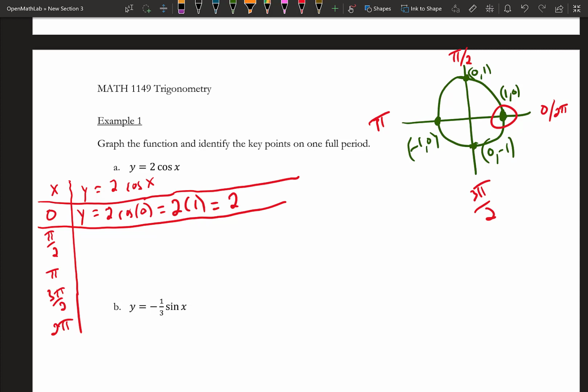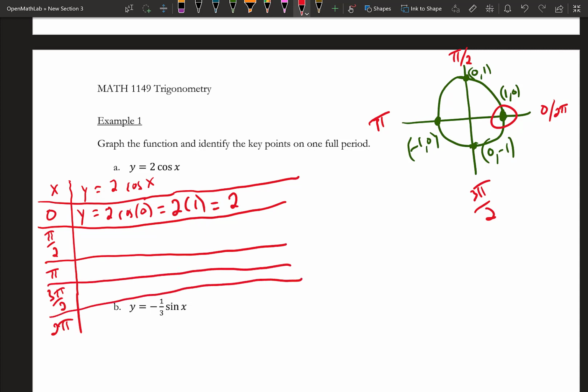Then y equals 2 times cosine of pi over 2 would be equal to 2 times, so cosine of pi over 2 would be this x coordinate, which is 0, so that's just 0. And then we'd have y equals 2 times cosine of pi. So cosine of pi would be -1. Again, I'm just looking at the x coordinate for pi. So 2 times -1 is -2.